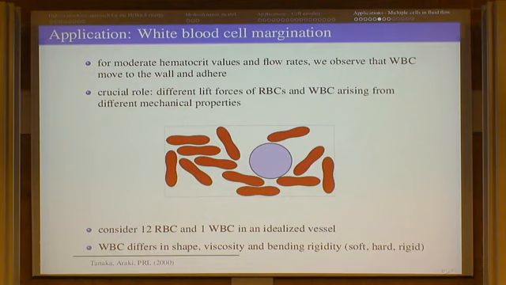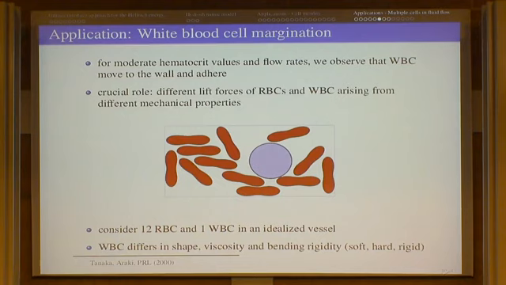There were a lot of simulations done, and we wanted to find out if our model reproduces these findings. First I'd like to mention that we consider here 12 red blood cells and 1 white blood cell, and the first approach is that this white blood cell is not a vesicle or a particle with a bending energy.